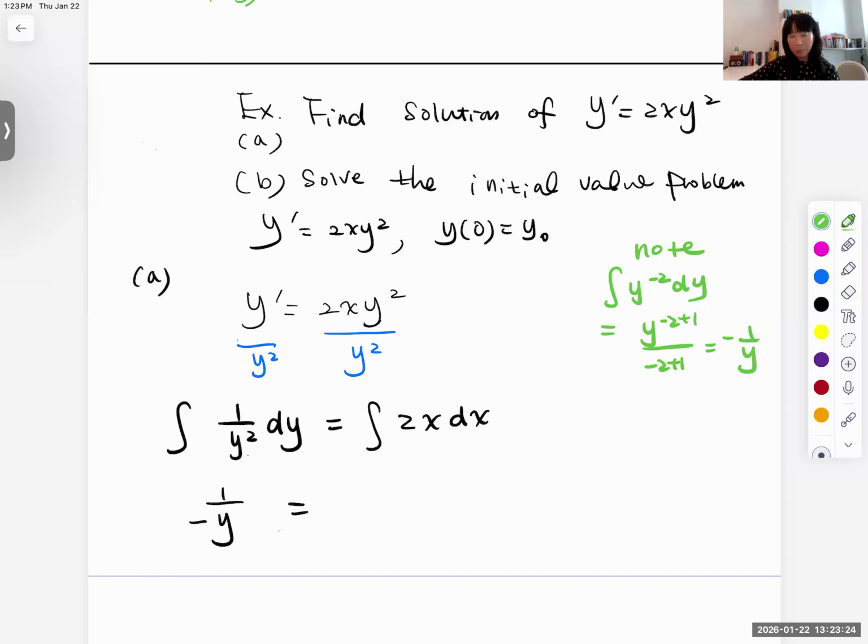I have a bad habit of writing plus c all the time. So on the right side we will get x squared over 2 plus c. Then we need to solve for y. Okay, so 2 out, we can simplify.